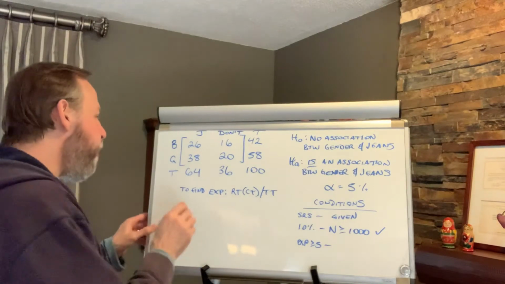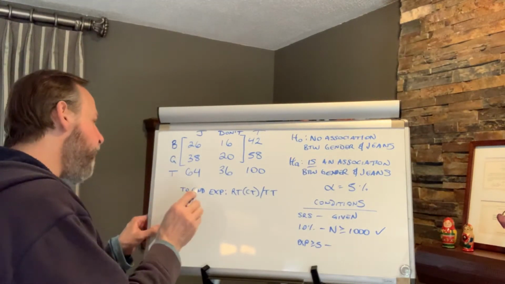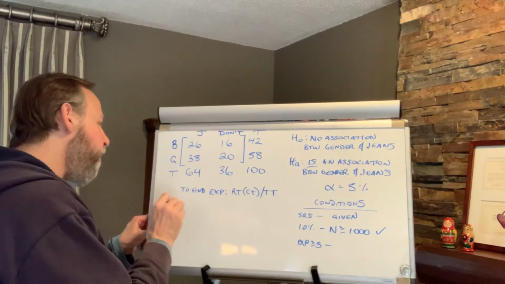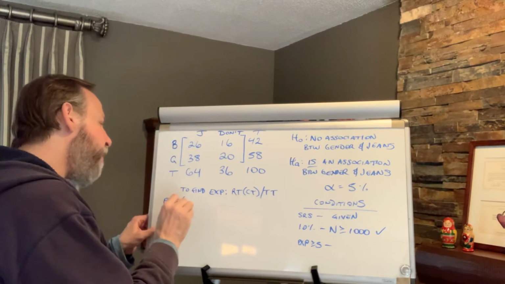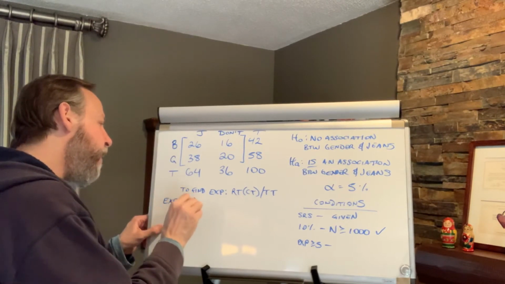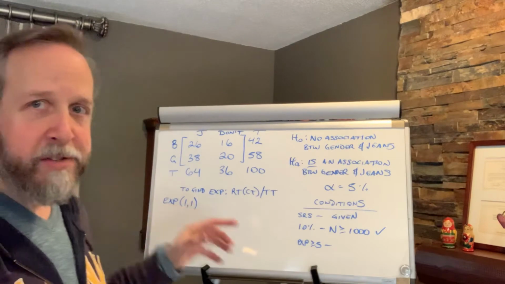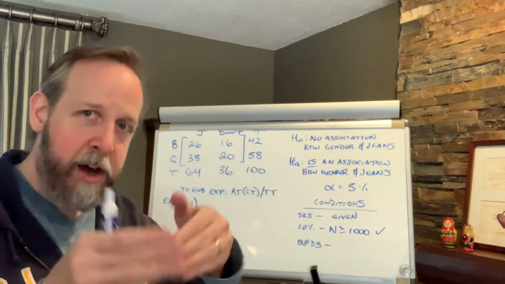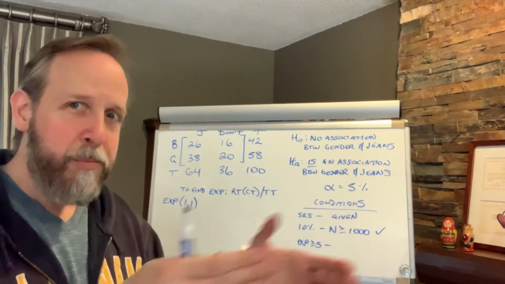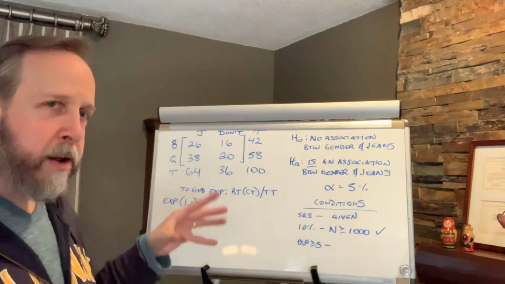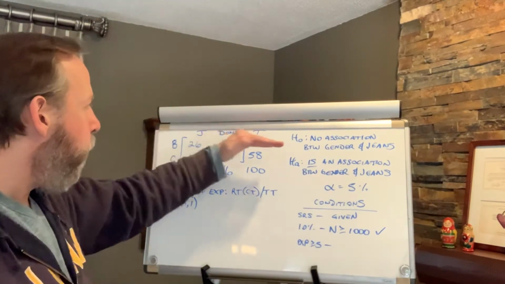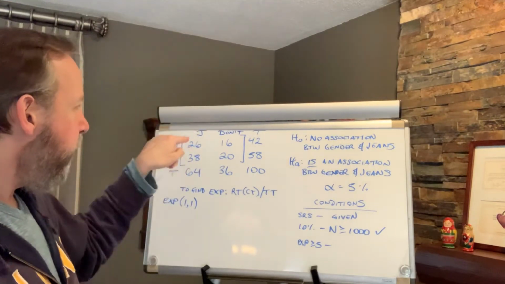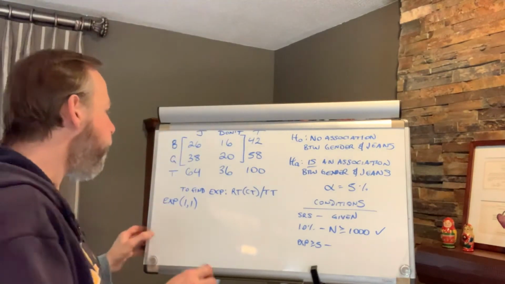Now, to make it simple, we're going to show one calculation. You do not have to show all 4 of them. So I'm going to say the expected count for, and take a look at the notation. It's basically spreadsheet notation. In the parentheses, it's row, comma, then column. So row 1, column 1. Row 1, column 1 is boys who wear jeans.